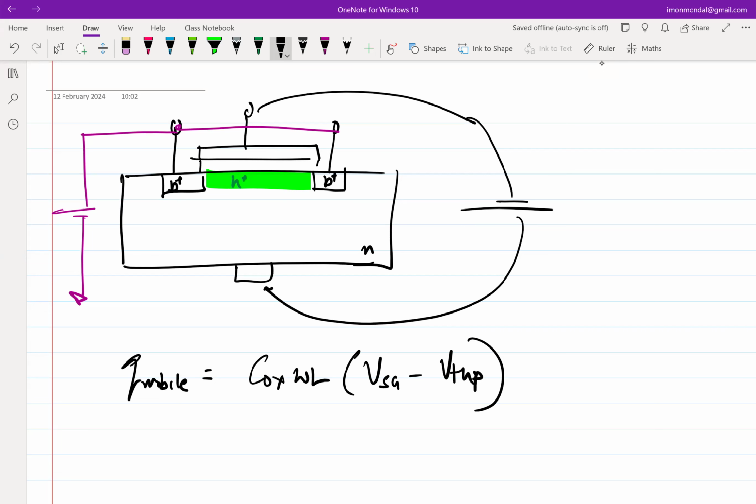Okay, good question. So her question is, why does this expression allude to only mobile charges, because we also have immobile charges in the channel, right? So for example, we have positive charges also. This is N type, right?